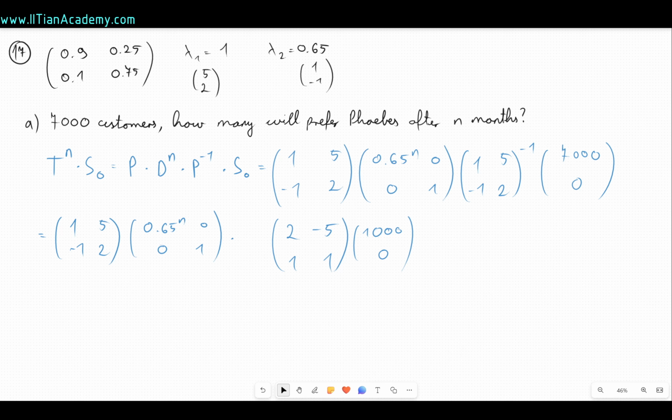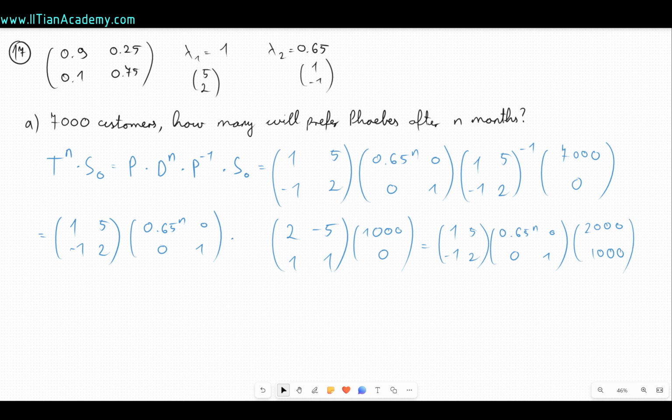Then we can multiply this matrix over here so that we get the matrix 1, 5, 1, -2 times 1, 0, 0, 0.65 to the n. When we multiply this, what we will get is simply the first column multiplied by 1,000, so 2,000, 1,000.